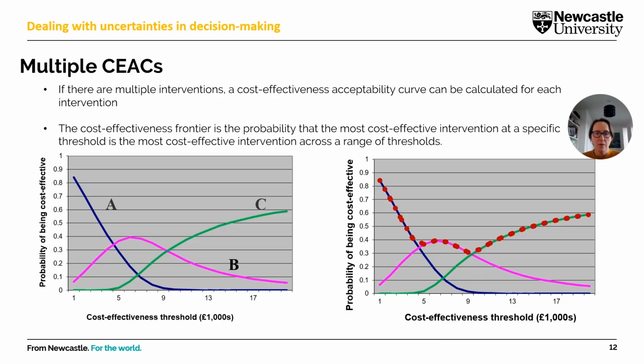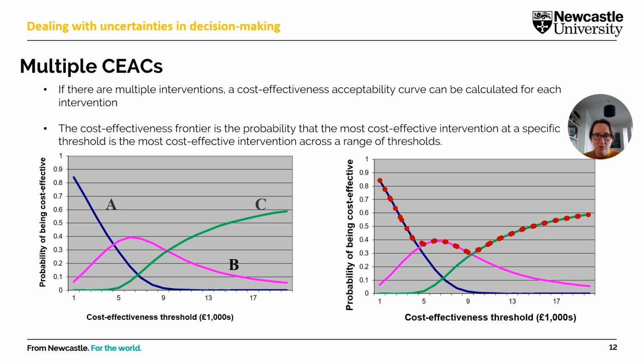If we have multiple interventions, we can produce multiple CEACs and present them on the same graph, the cost effectiveness acceptability frontier. It allows us to see how the decision regarding the most cost effective intervention changes as that willingness to pay threshold changes. For this example, we have interventions A, B, and C. From the frontier, we can see that the intervention with the highest probability of being cost effective changes as the willingness to pay threshold value increases.